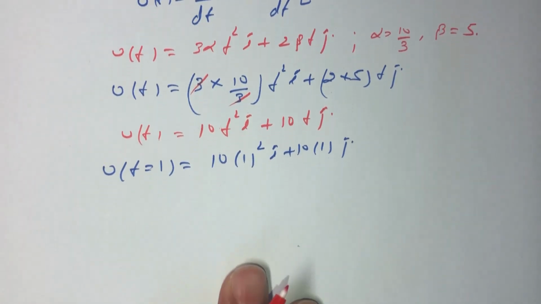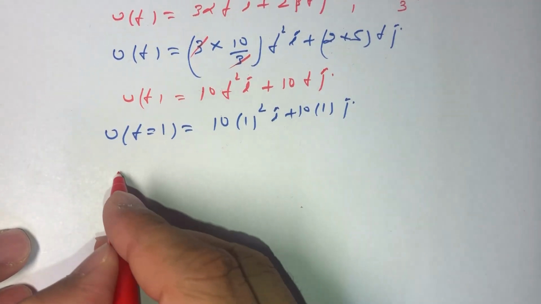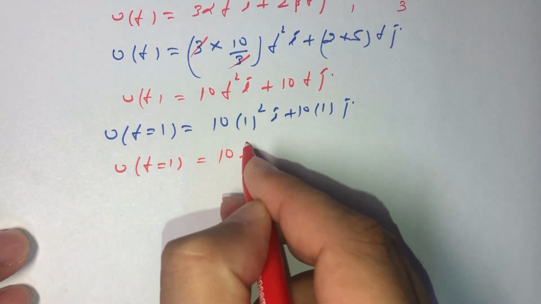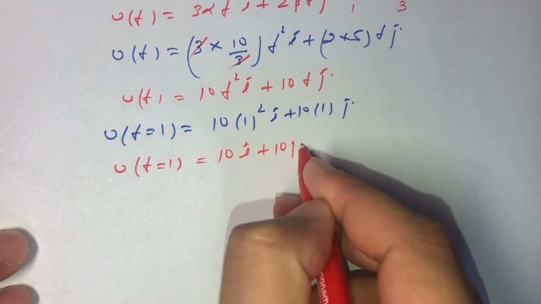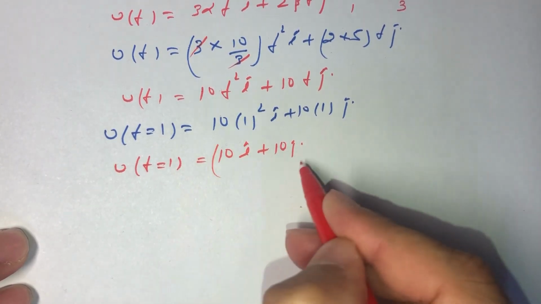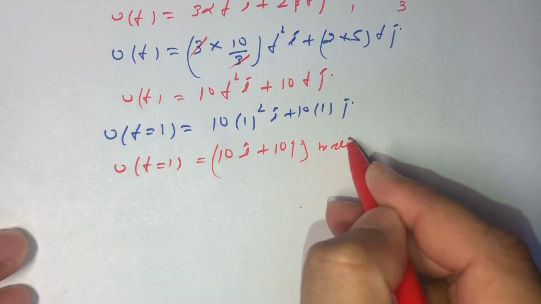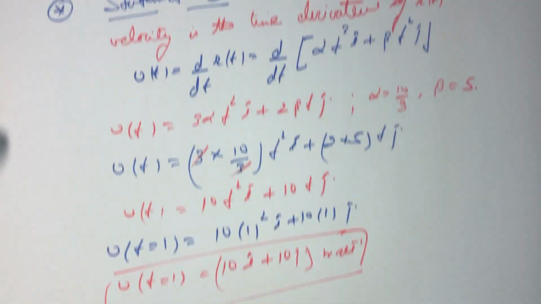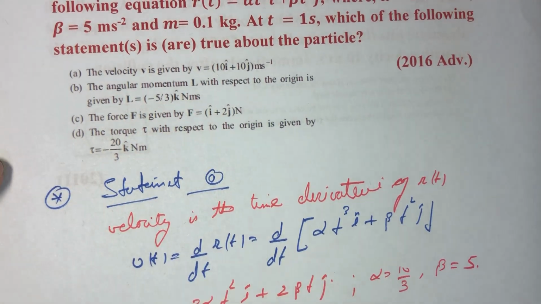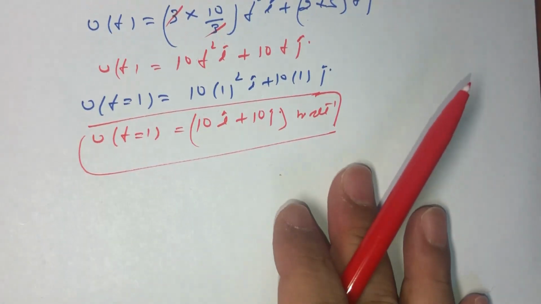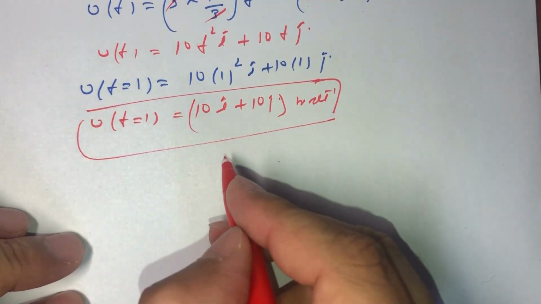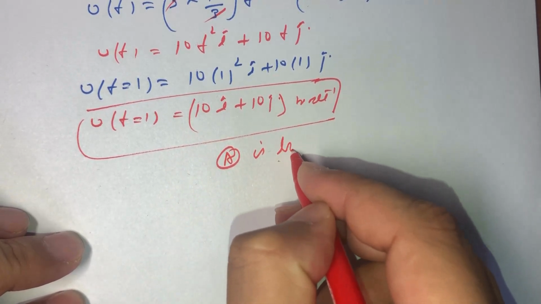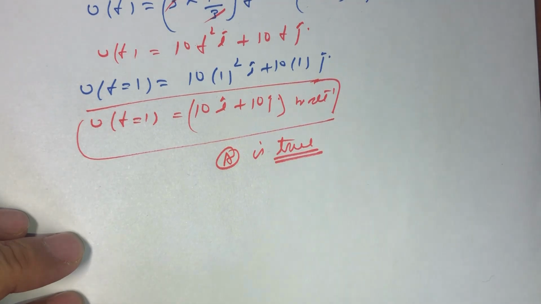Therefore, we get velocity at t is equal to 1 will be equal to 10 i plus 10 j meter per second. So which is statement A. So you can say statement A is true.